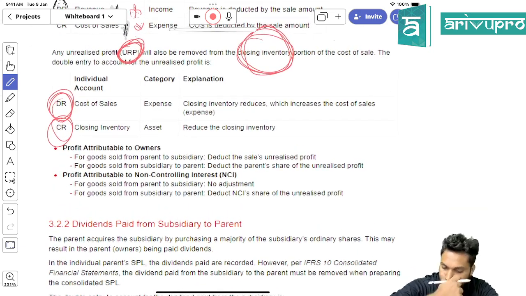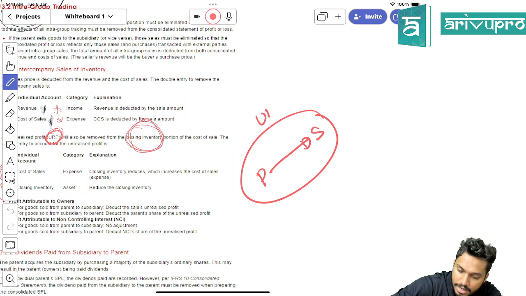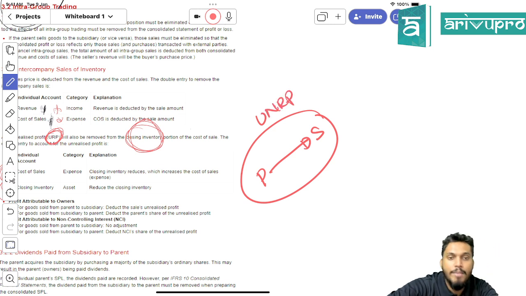Then, who is selling to whom will be another concept. If parent has sold goods to subsidiary, then in terms of unrealized profits, how am I going to adjust it? If parent has sold goods to subsidiary, the unrealized profits, anyways you need to deduct at cost of sales.